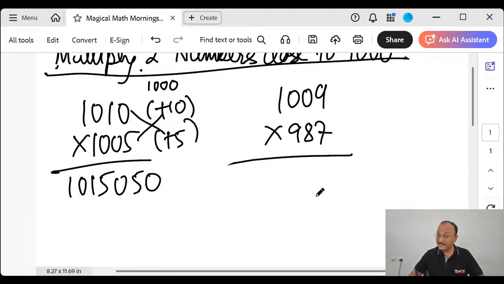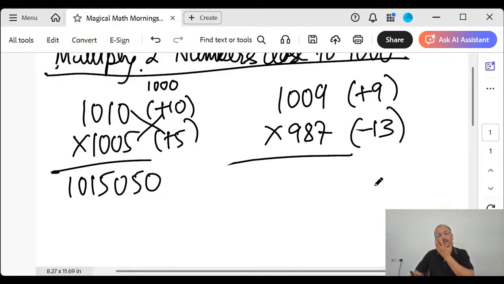One is more, one is less. So we have to be very careful. This is plus 9, this is minus 13. That is the trick here. So you have to do the subtraction. Maybe you do it in two steps. First you write that, then subtract and write.